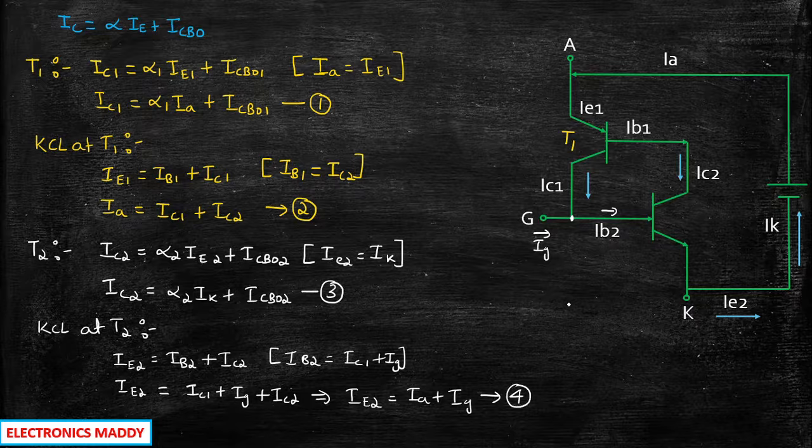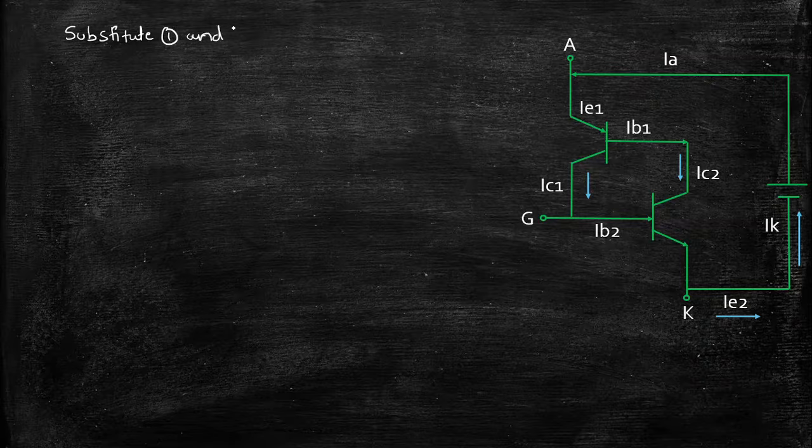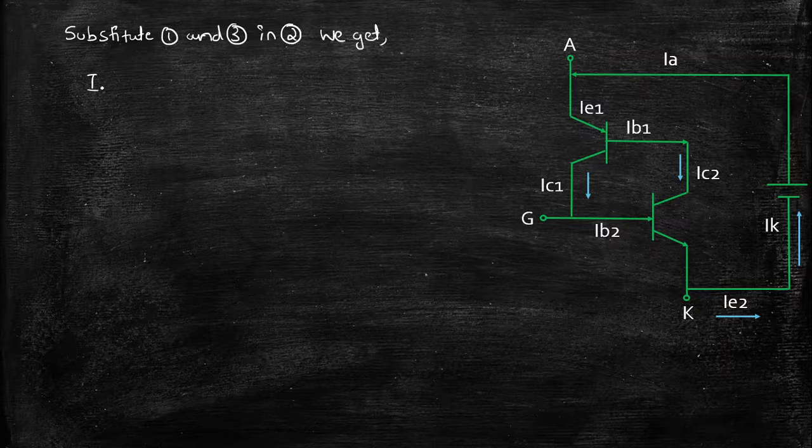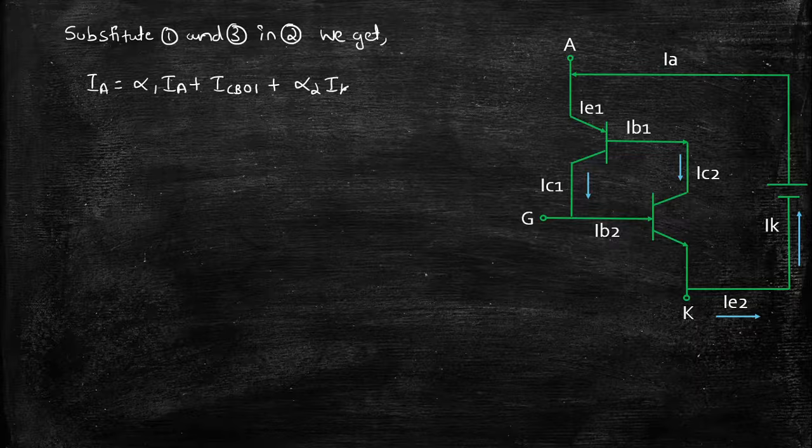Now what we will be doing is substituting the equations one after the other. Basically substituting equations 1 and 3 in 2. We get IA is equal to alpha 1 into IA plus ICBO1 plus alpha 2 into IK plus ICBO2.